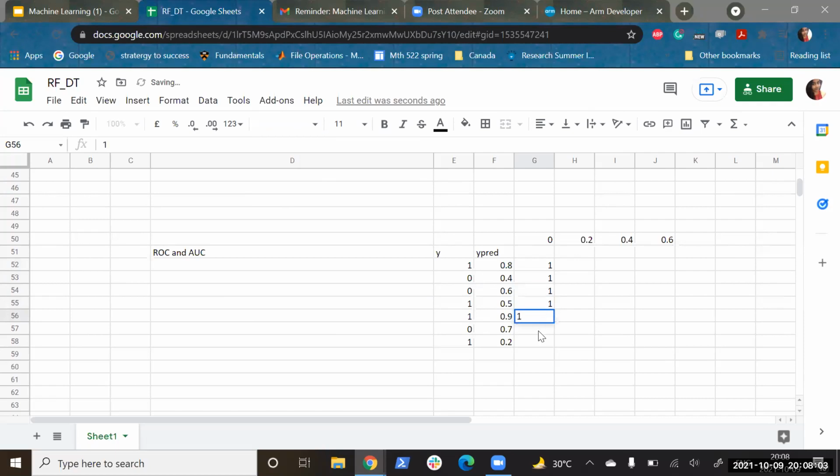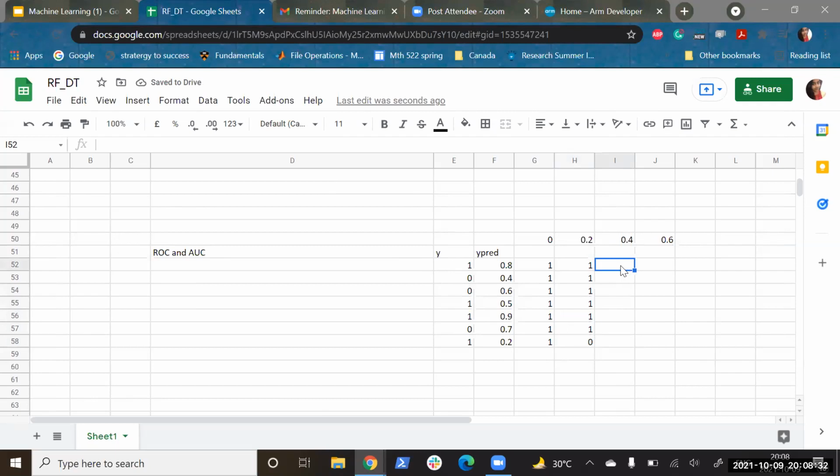Similarly, you calculate it for 0.2. Here it is higher than 0.2, so 1, then again 1, again 1, 1, 1. Here it is 0.2, and as I said, it should be less than or equal to the threshold, so 0.